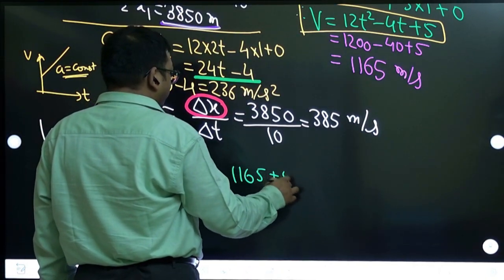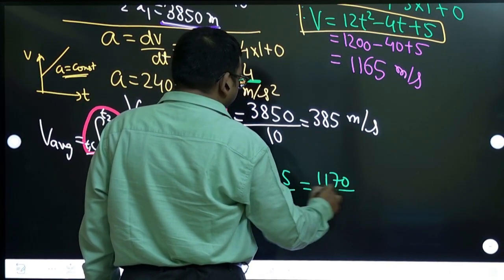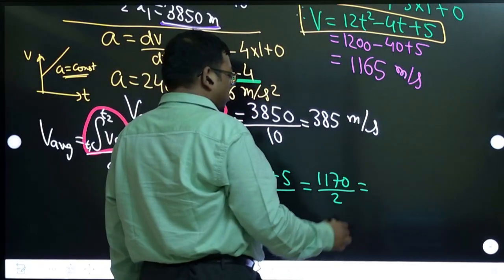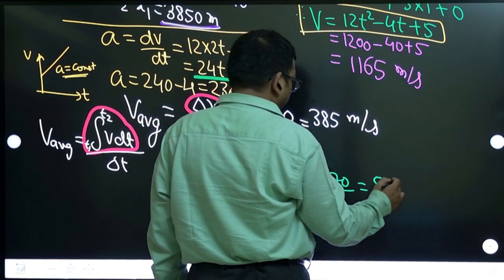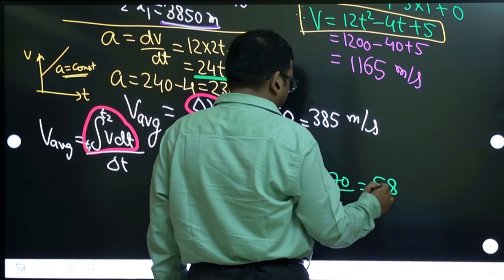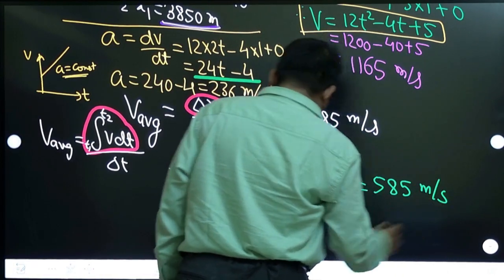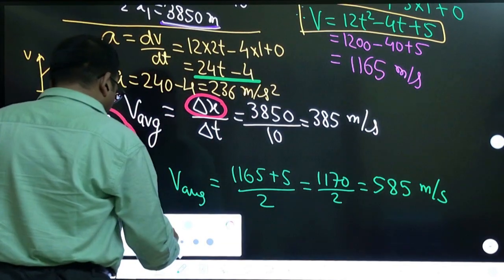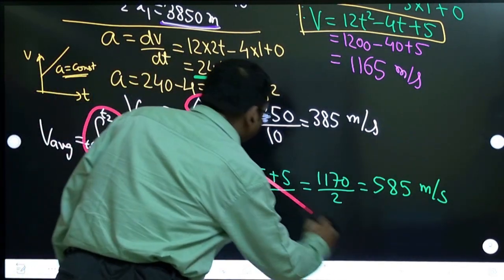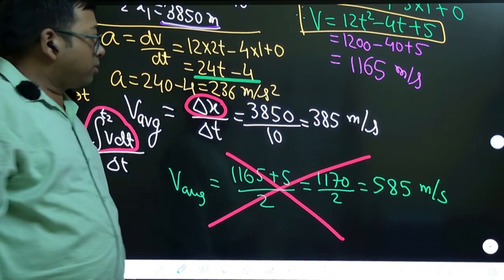1165 plus 5 divided by 2, that is 1170 by 2, is 585 meter per second. This is not the correct answer. You have to note that this is not the average velocity. Why?